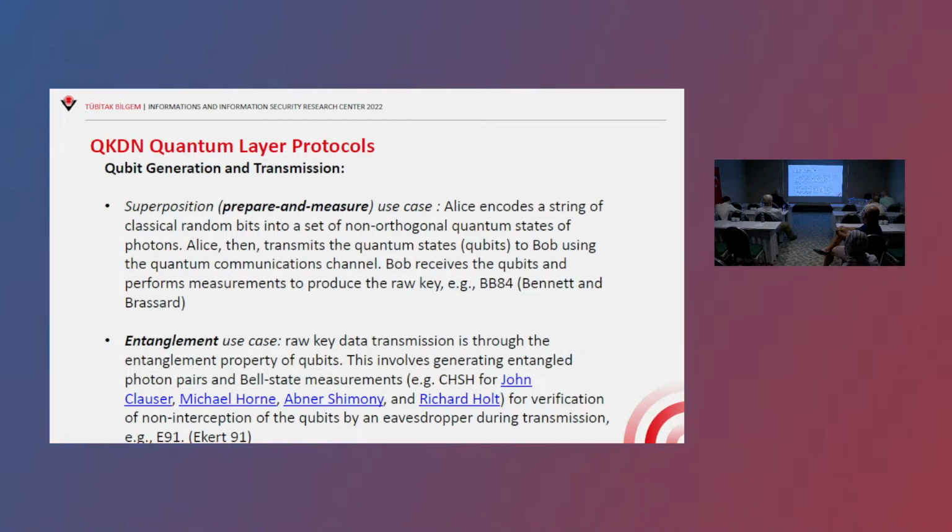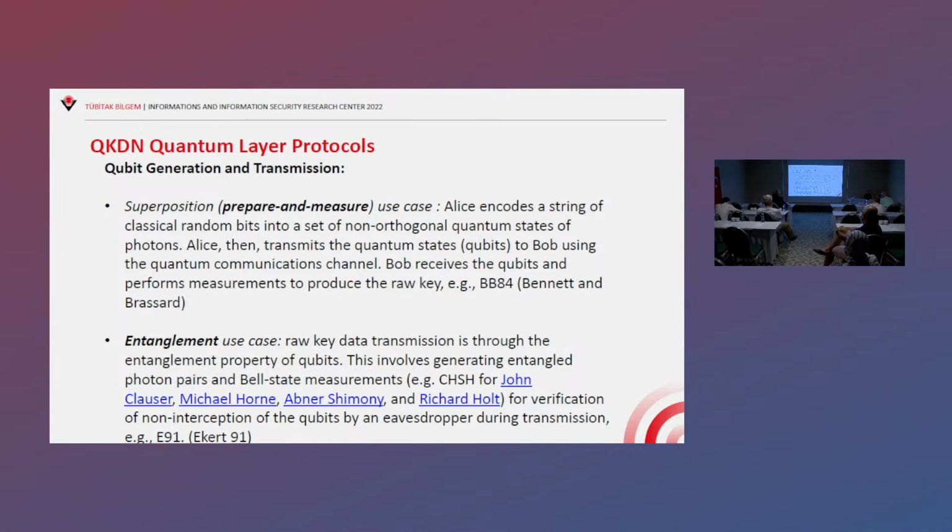As we said, there are two major kinds of quantum key distribution protocols. One would use the prepare and measure approach that would exploit the superposition property. In this case, Alice would encode a string of classical random bits in non-orthogonal or orthogonal quantum states of photons.